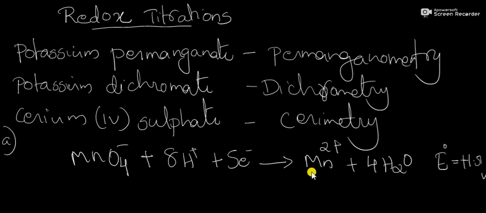That is, it oxidizes a large spectrum of reducing agents. What are the common reducing agents used in permanganometry? Oxalic acid, oxalate, ferrous salts, nitrite, sulfite, arsenite, hydrogen peroxide, etc. are used as reducing agents.